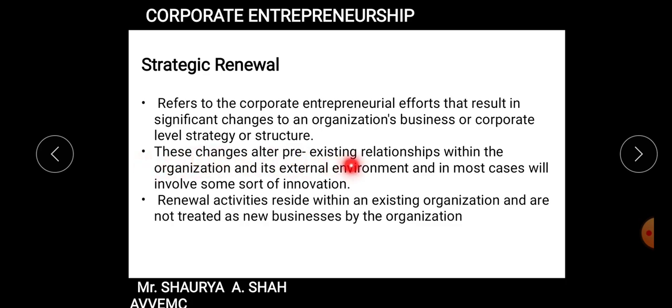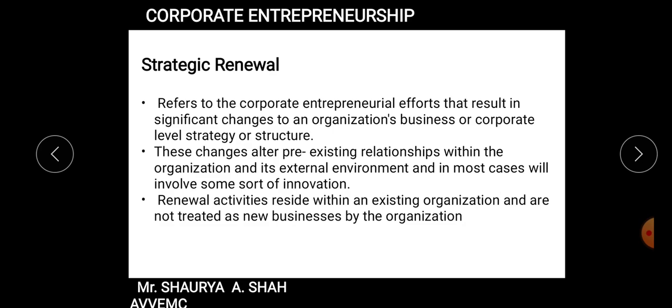These changes alter pre-existing relationship within the organization and its external environment, and in most cases will involve some sort of innovation, right? So you are changing your strategy according to your business environment. Renewal activities reside within an existing organization and are not treated as new business by the organization.